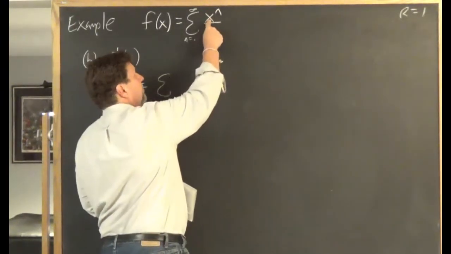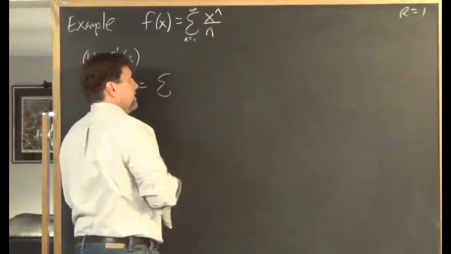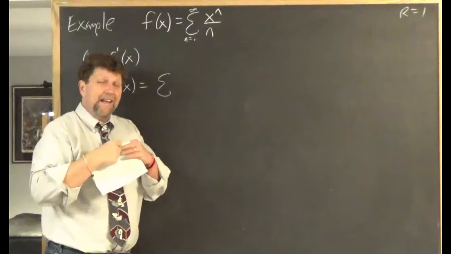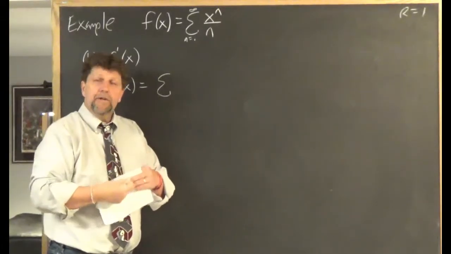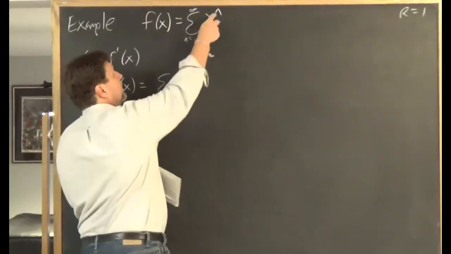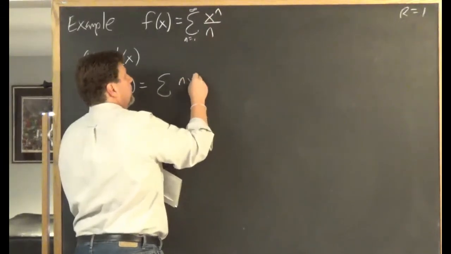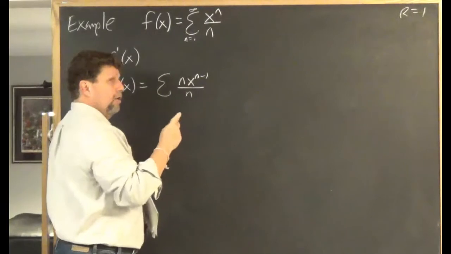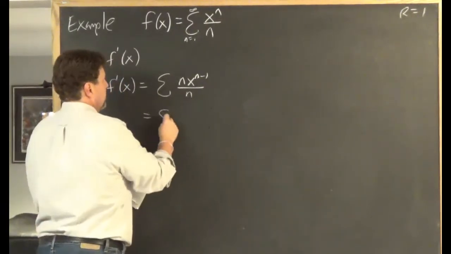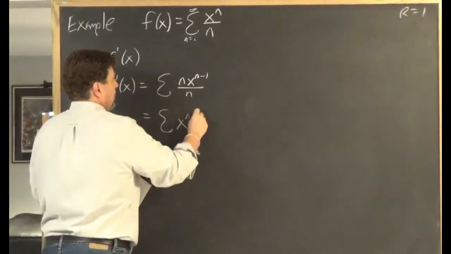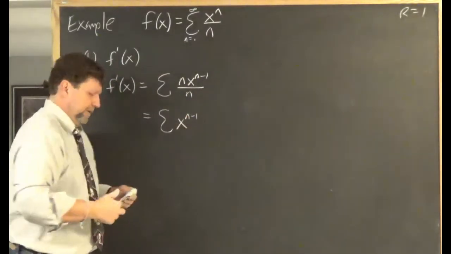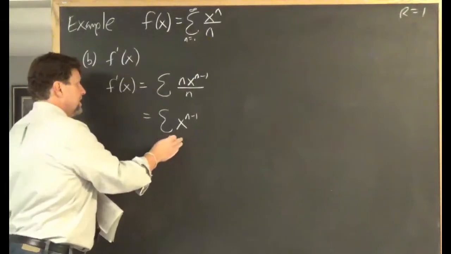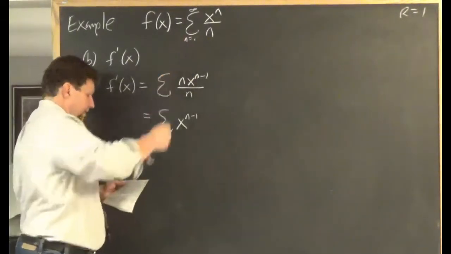So you only have the variable x being raised to the nth power. So when you differentiate x to the nth power, it's just the power rule. N would come out front. You'd subtract 1 from the exponent, which hopefully you would say, well, the n's cancel out, so it just simplifies down to x to the n minus 1. This is the series notation for the derivative.